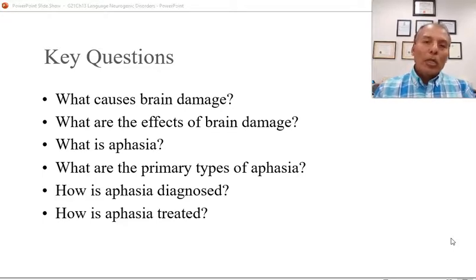I'm going to start with the discussion of the related neurogenic disorders to get them out of the way, and then we focus the rest of the discussion on aphasia and its speech characteristics.